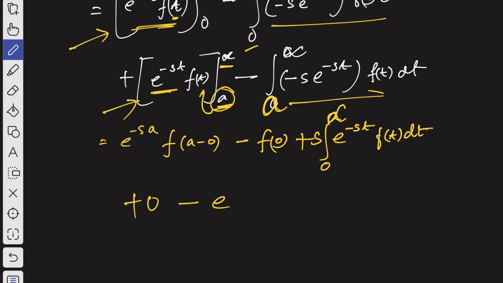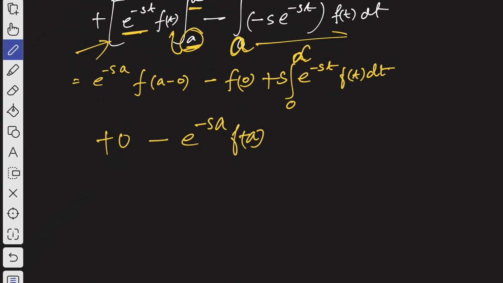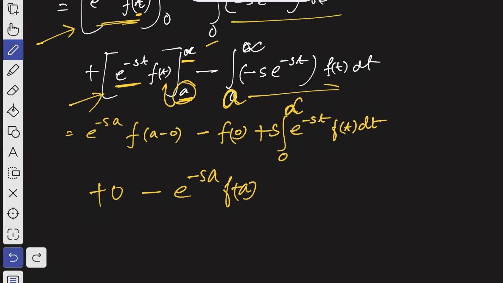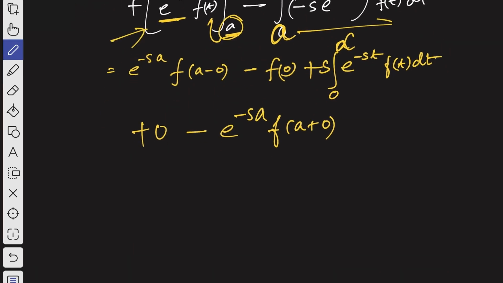So what you will get? Minus s a f of a. Okay, so while you go a to infinity, then here at a, the point is f of a should be f of a plus 0. It should be f of a plus 0 at a. That's what we will get.